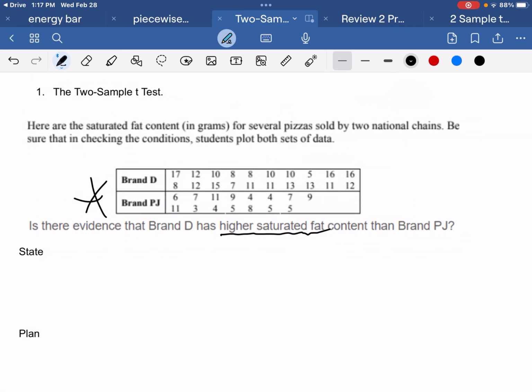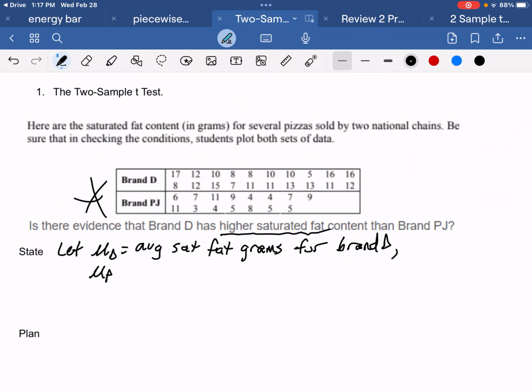I'm going to start off by saying let mu subscript D equal the average saturated fat grams for brand D. And obviously I'm going to let mu PJ equal the same for brand PJ.